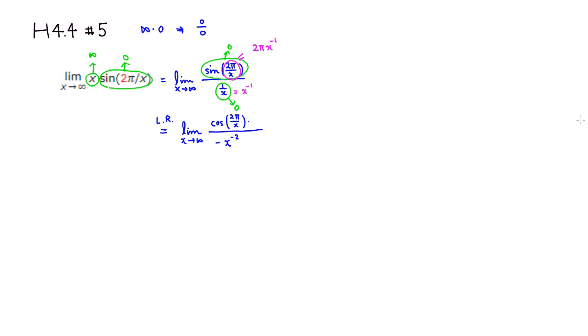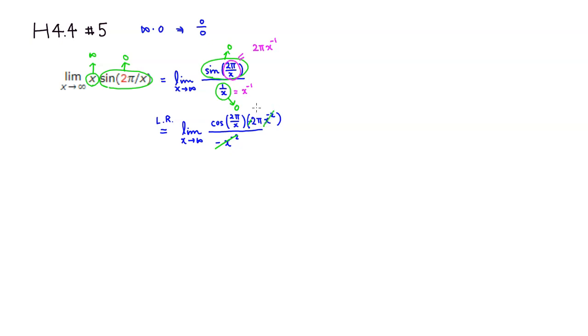If you take the derivative of that, 2 pi is just a constant, and put the negative sign in front, then you have x to the negative 2. So we got that. Then you can see that here we can cancel negative x to the negative 2 power over negative x to the negative 2 power.